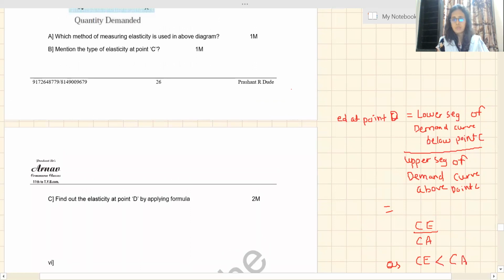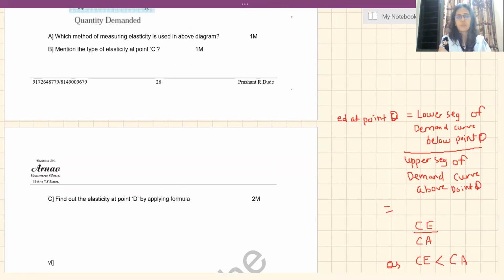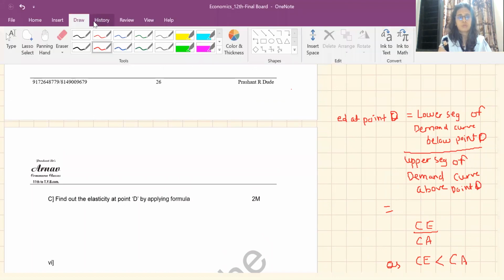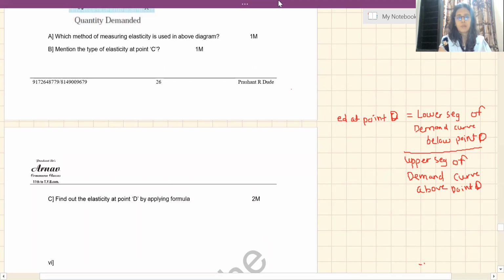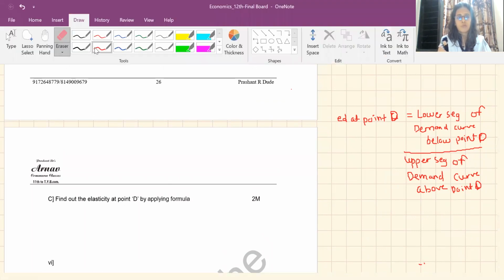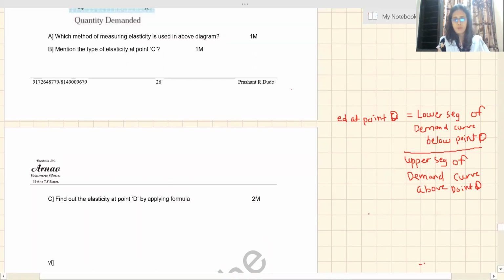Lower segment of demand curve below point D and upper segment of demand curve above point D. They are saying apply the formula, that's why we have written this formula. Then I will write, you can see it is DE lower segment and DA. It is just half, 50%.